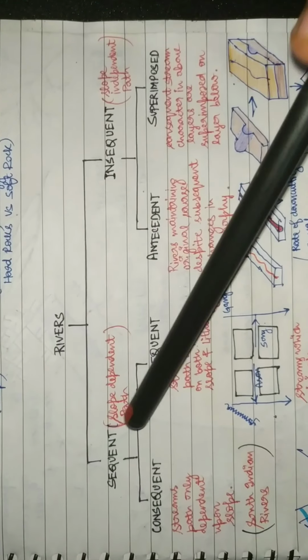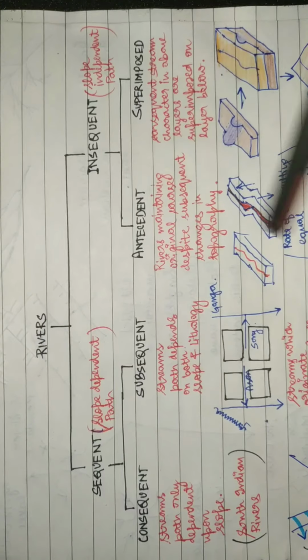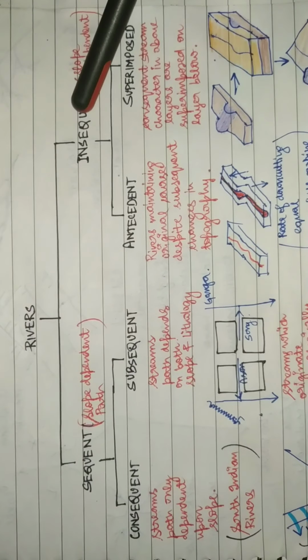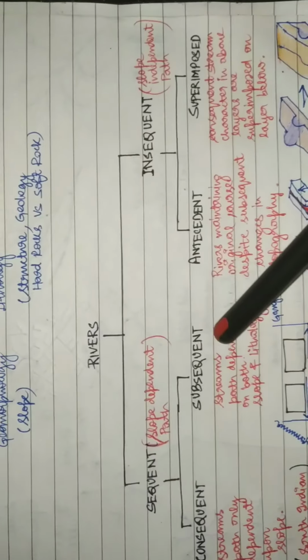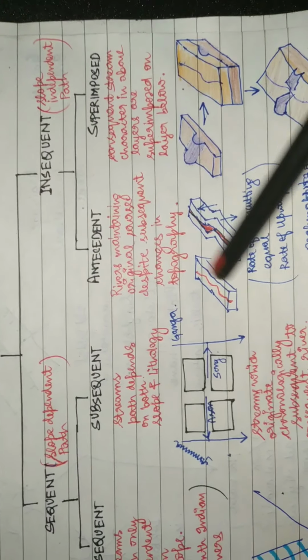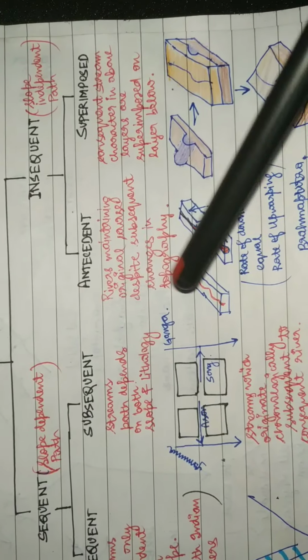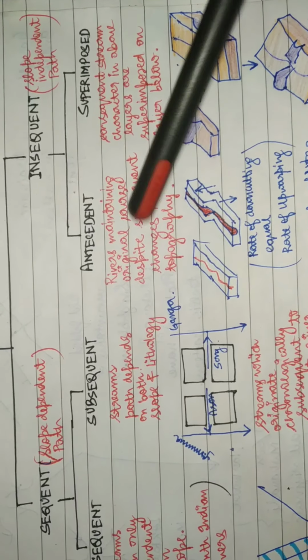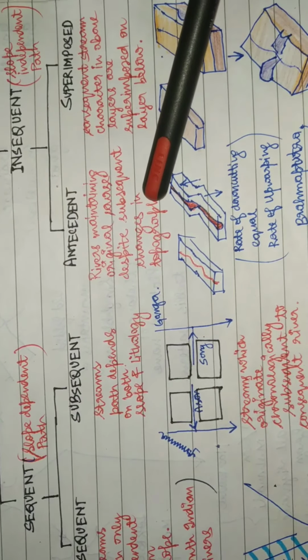The next rivers are the insequent rivers, which are slope independent. The earlier ones were slope dependent. The first is antecedent rivers. These are the rivers which maintain the original course despite subsequent changes in topography.